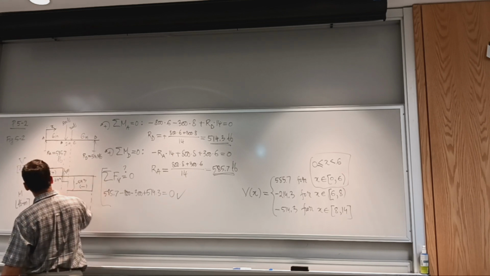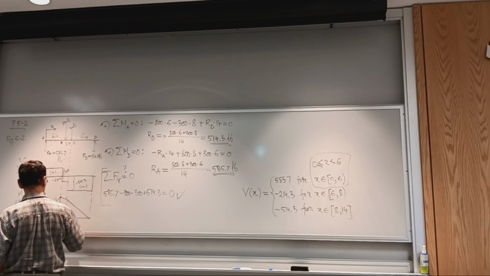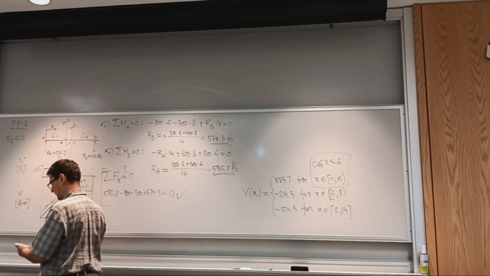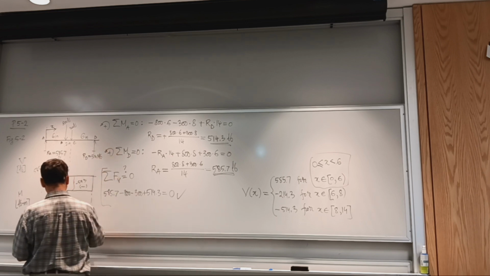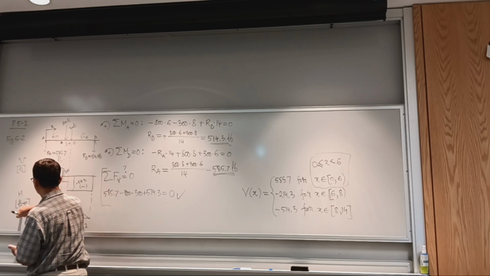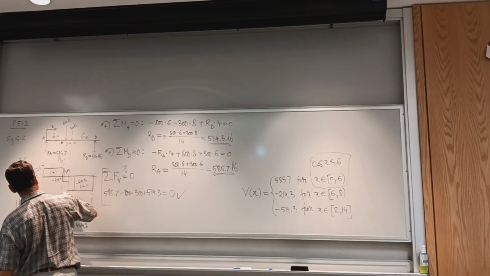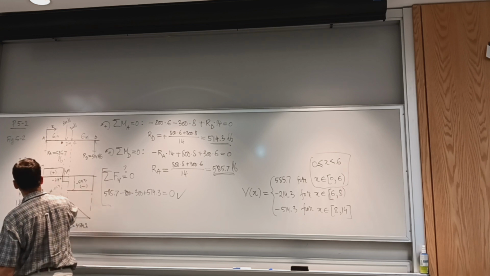So the maximum moment is going to be 585.7 multiplied by the 6-inch distance. 585.7 times 6 equals 3,514.2 pound-inch. Again, the slope here is negative 214.3 pounds.